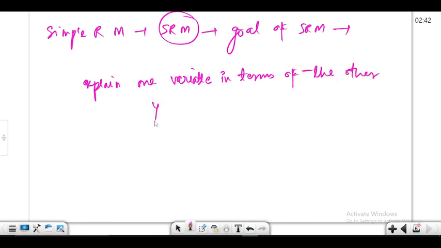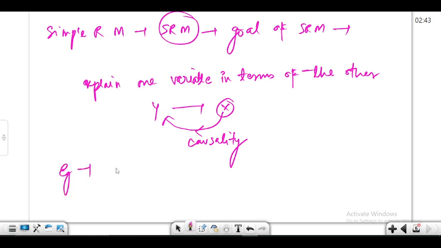So y is being explained in terms of x. In another way I can say that x is somehow causing y. So the direction of causality goes this way. Okay, so just keep this in mind. Since x and y are correlated in some form, the direction of causality here goes from x to y.